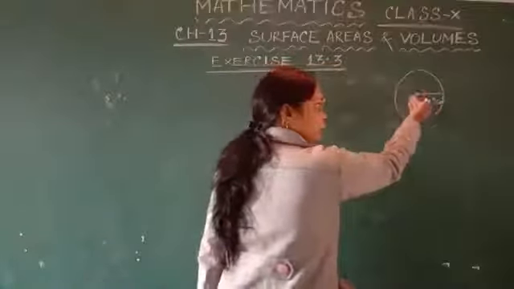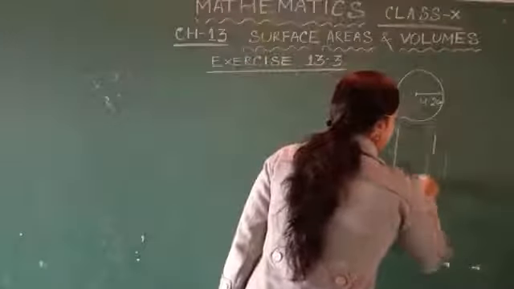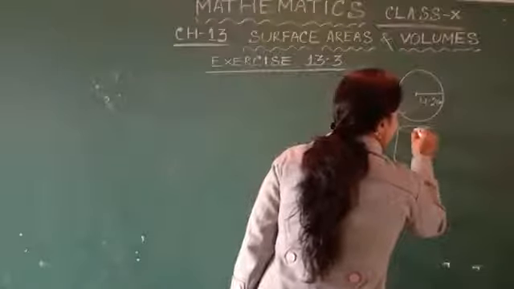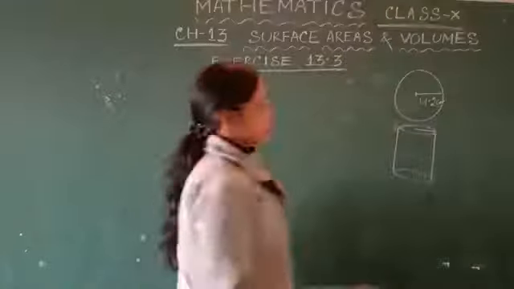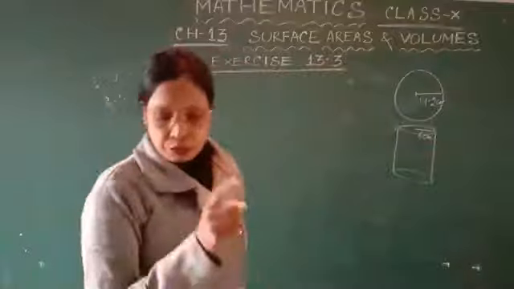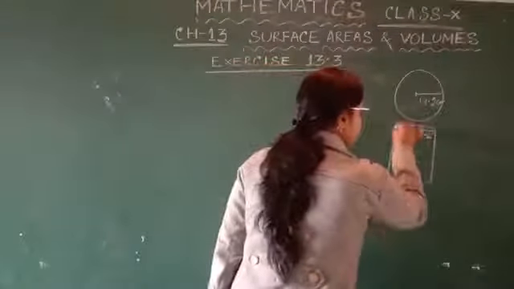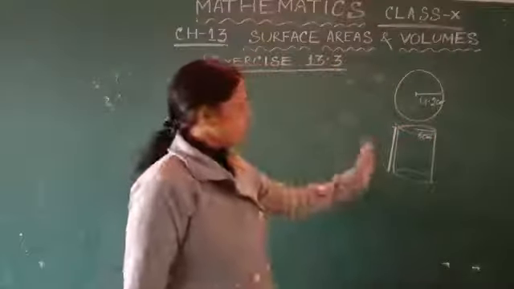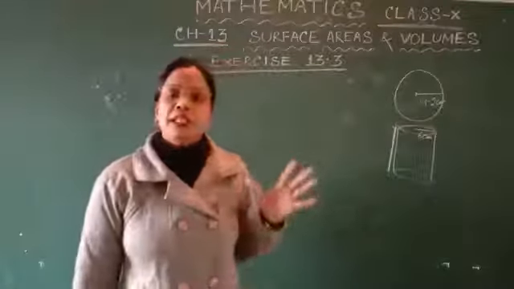Then it is melted and recast in a cylinder shape of radius 6 centimeter. Then the question says you find the height of this cylinder. So from this question we got what?